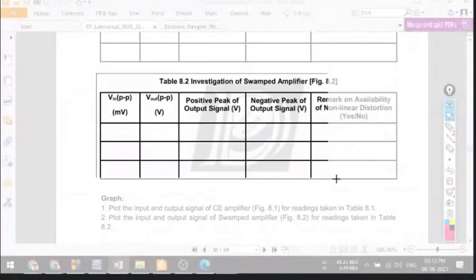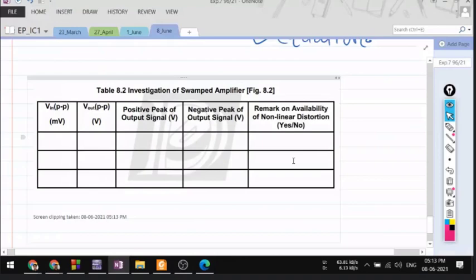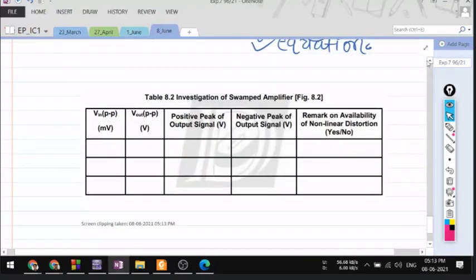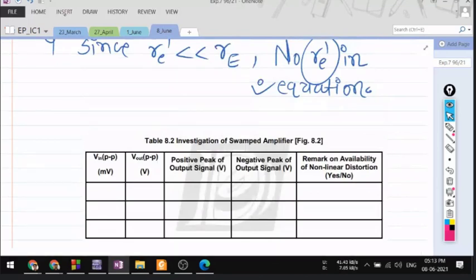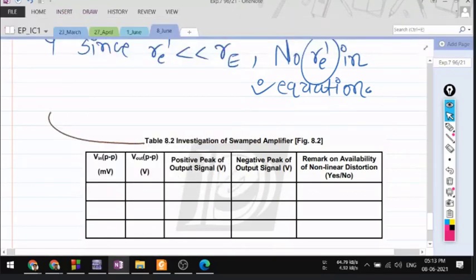So let us take this table and fill it up. This table is with RE equal to 180 ohm unbypassed.